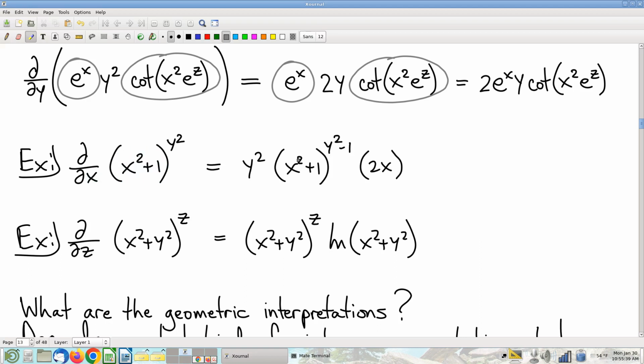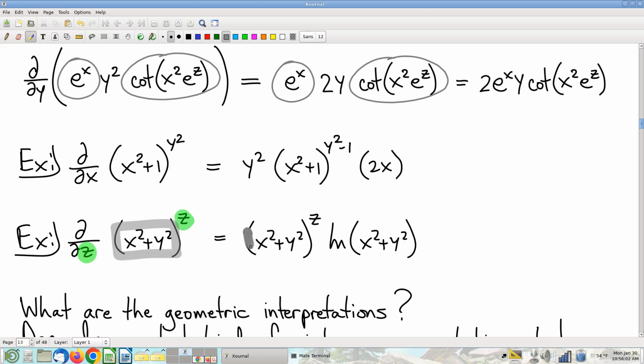Okay, let's see here. Likewise, with this next one, we're taking a z partial, and there's a z there. But z being the only variable means that x and y are constants, which means all of this down here is constant. And so I'm taking the derivative of a constant to the power of the variable. And this is an old rule, right?